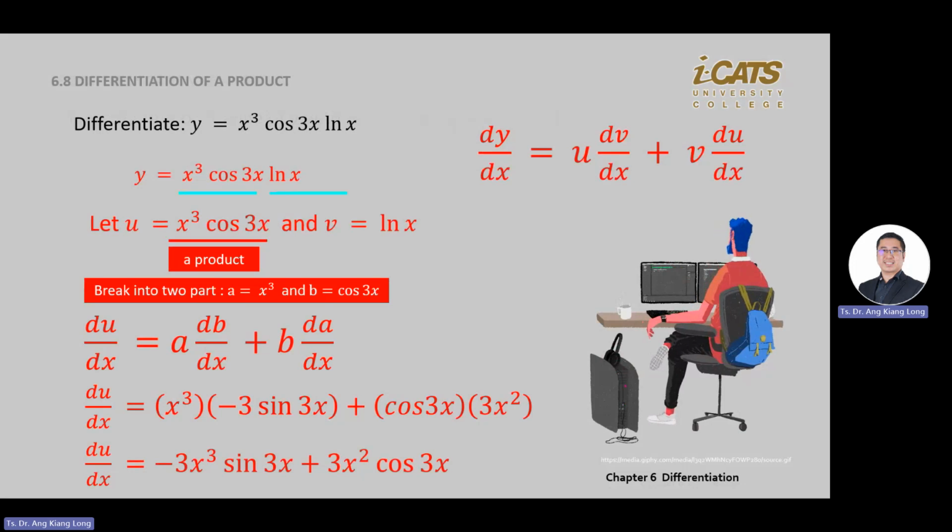Means we break down and break down, it's a sub-question, something like that. But the approach is still the same: dy dx equals u dv dx plus v du dx. Still the same.